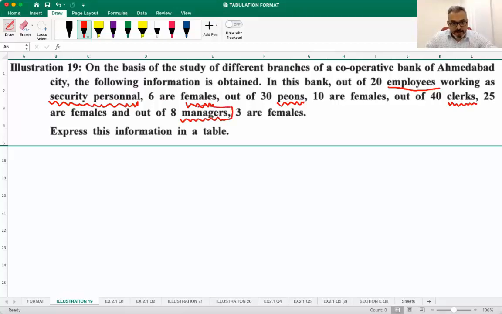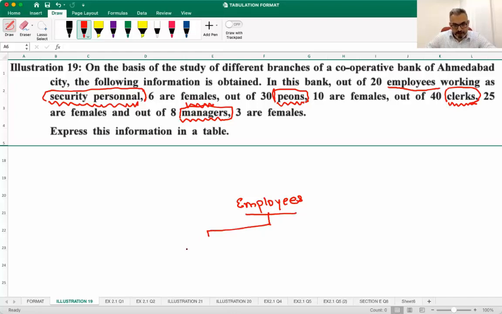So basically 1, 2, then 3, then 4. These are the 4 different types of personnel. Now we have employees, and in them we have different types.